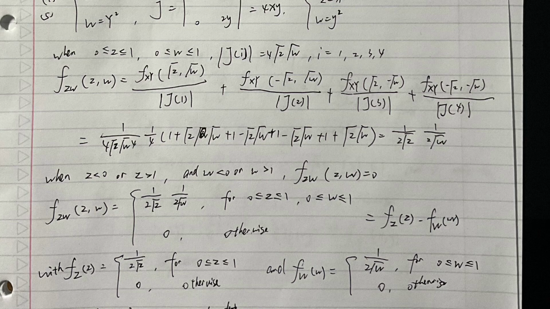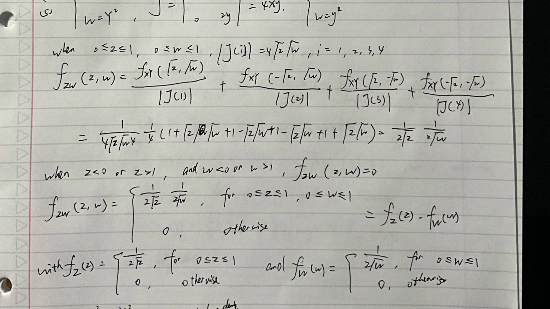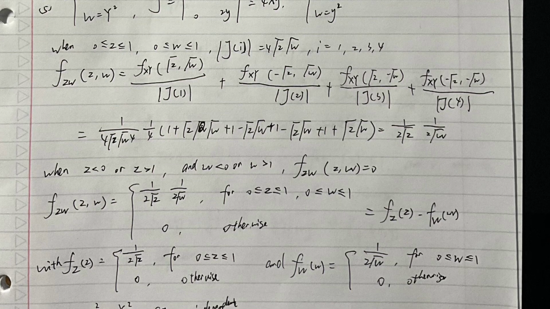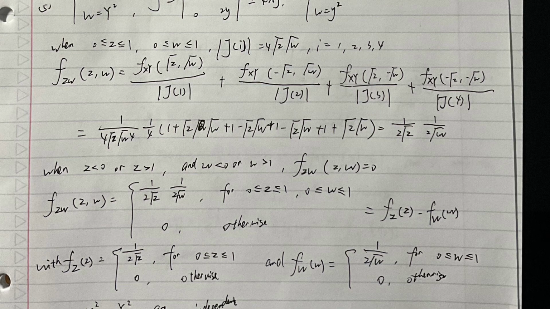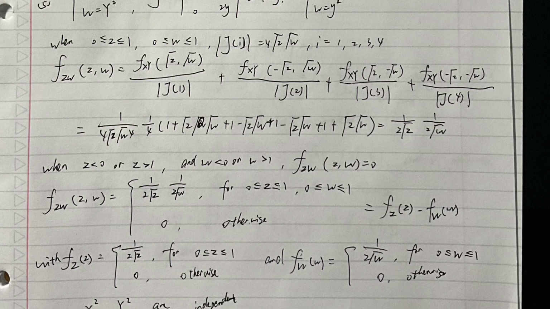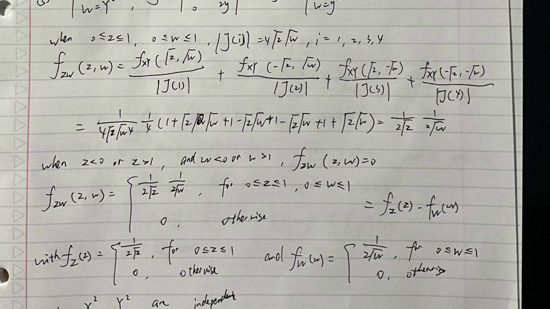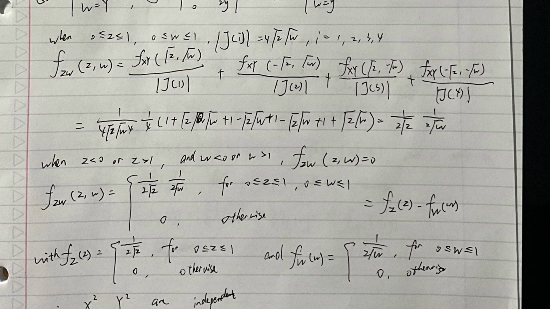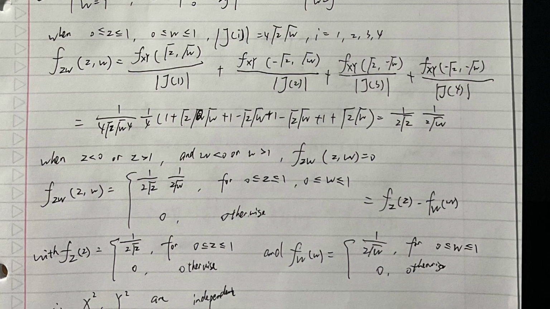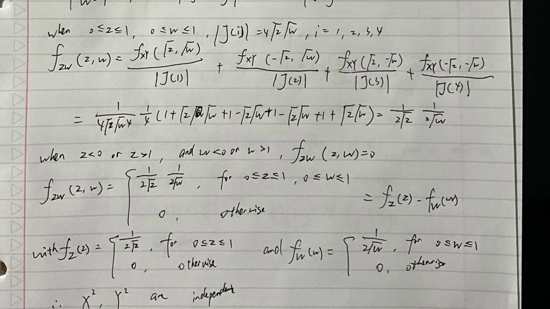So f_ZW equals f_XY(root z, root w) over the absolute value of J1, plus f_XY(negative root z, root w) over the absolute value of J2, plus f_XY(root z, negative root w) over the absolute value of J3, plus f_XY(negative root z, negative root w) over the absolute value of J4.